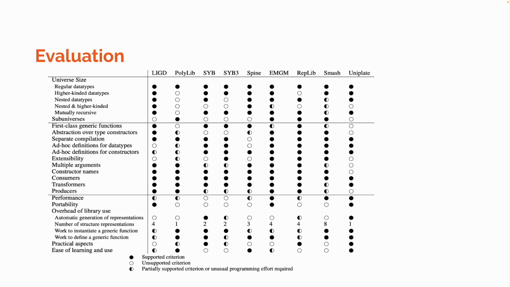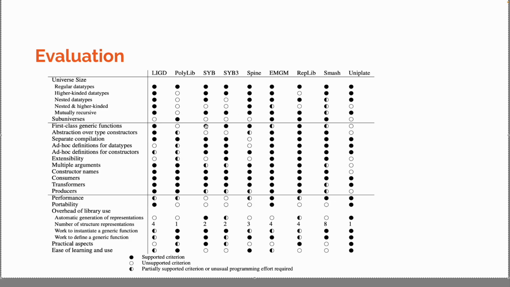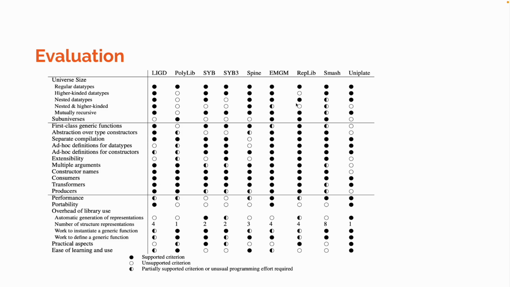On the other hand, EMGM, while providing extensible functions, complicates the definition of the higher order generic function. The choice of the best generic programming library depends on the specific use case. So, in conclusion, the selection of a generic programming library should be based on the specific requirements and scenarios of the application at hand.